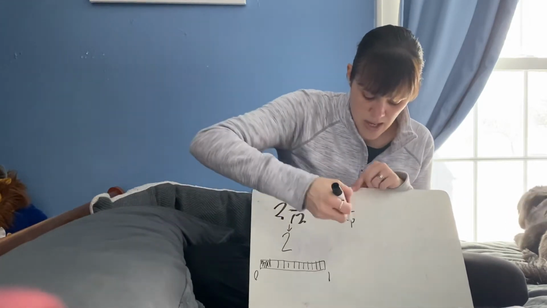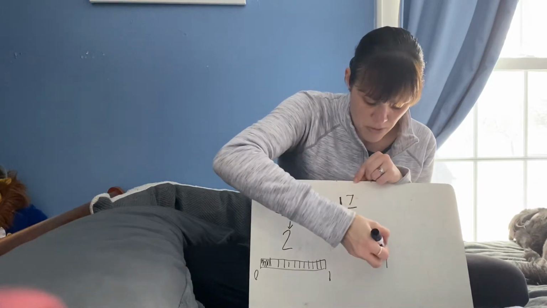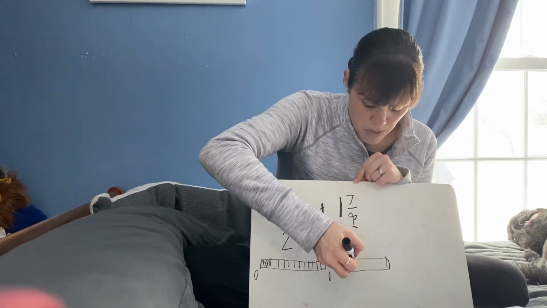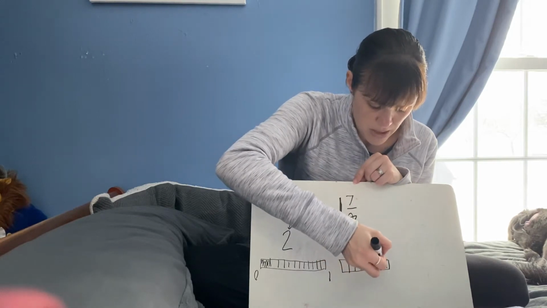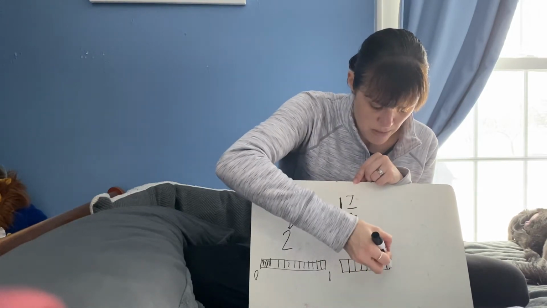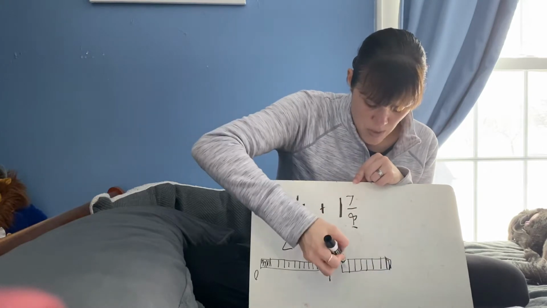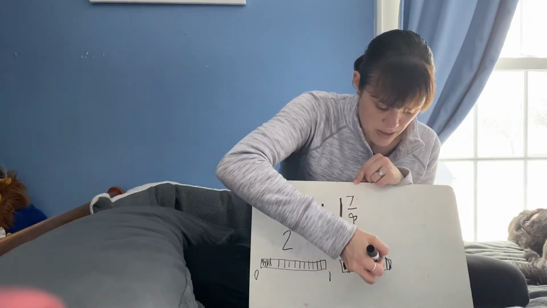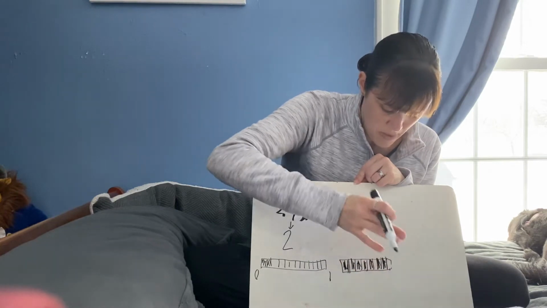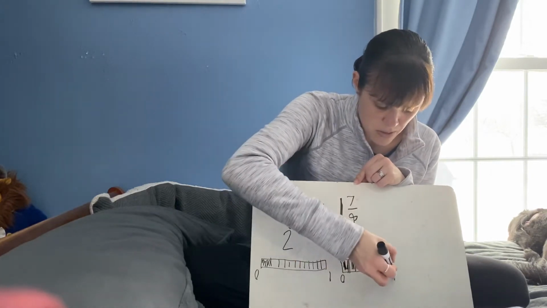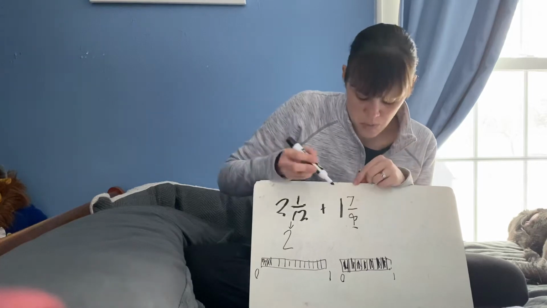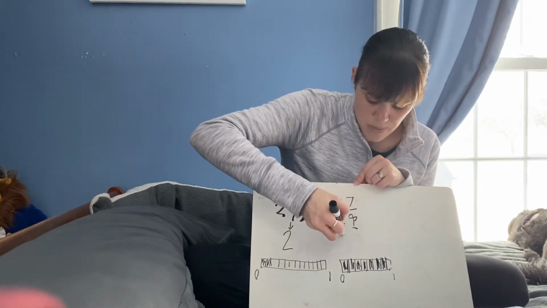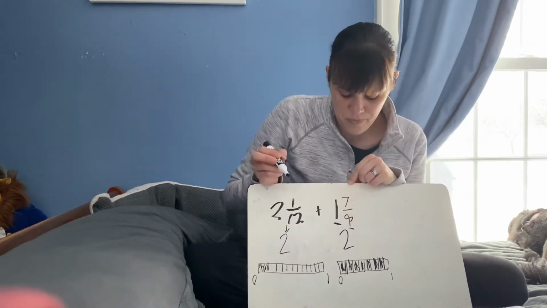Now 1 7/8. Now let's look at this fraction part for a minute. 1, 2, 3, 4, 5, 6, 7, 8. All right, and we color in 7 of them. So is that closest to 0 or 1 whole? It's closest to 1 whole. So that means this guy, instead of staying at 1, goes up to 2.